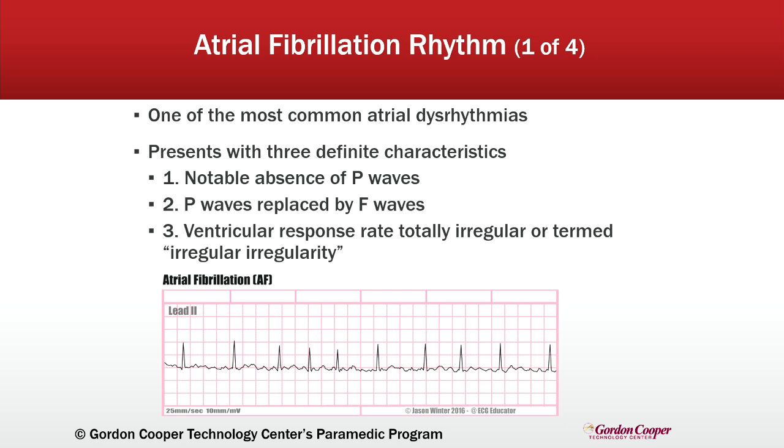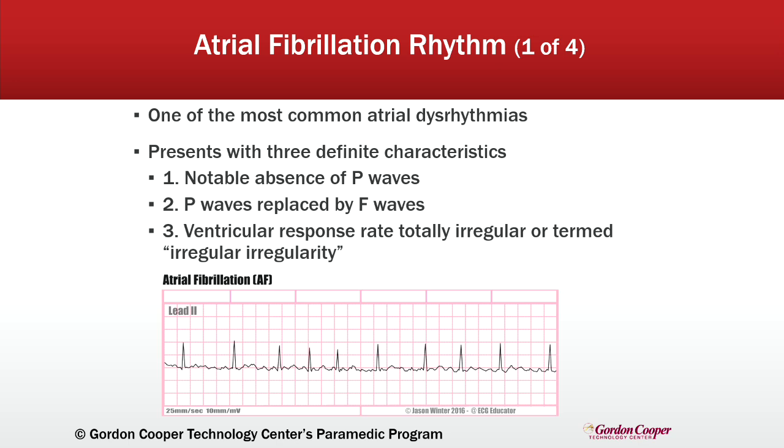Those P waves are replaced by F waves or fib waves, fibrillatory waves. The normal P waves are replaced by these rapid, erratic electrical impulses in the atria, which create fibrillatory waves. So these waves appear as a chaotic, undulating baseline, indicating that the atria is fibrillating or quivering rather than contracting in a coordinated way.